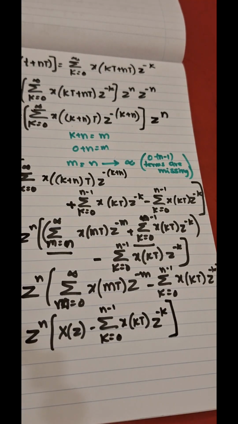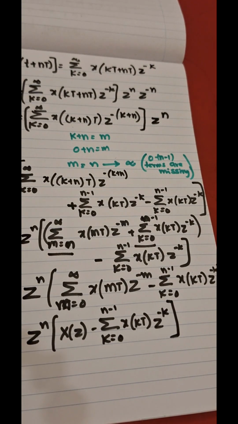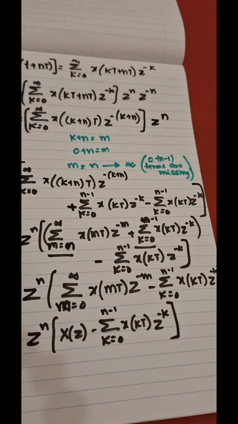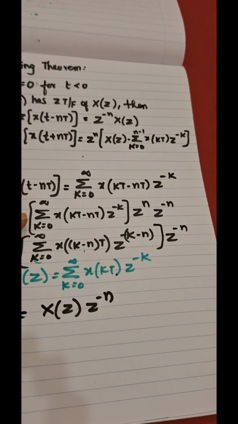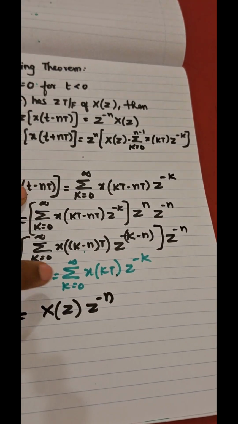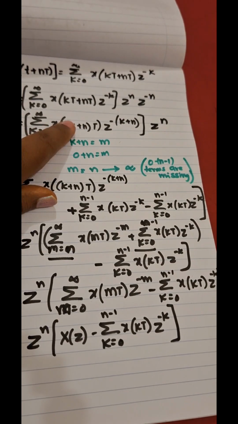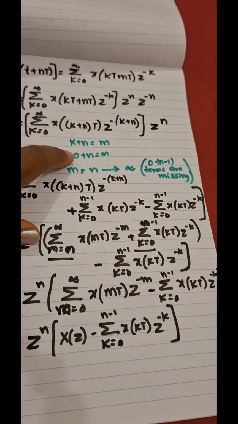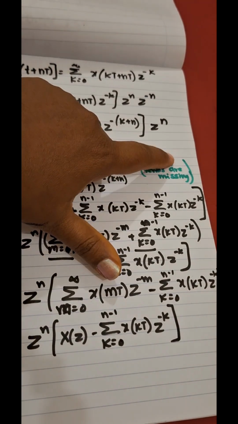So this is the second statement. So the shifting theorem has two statements. The first statement is talking about t minus nT, and the second statement is talking about t plus nT. When I wrote t minus nT, the equation is direct. But when I wrote t plus nT, it is in terms of positive, beyond k. So I named beyond k as m, but m is talking from n to infinity only, but it is not talking about 0 to n minus 1.